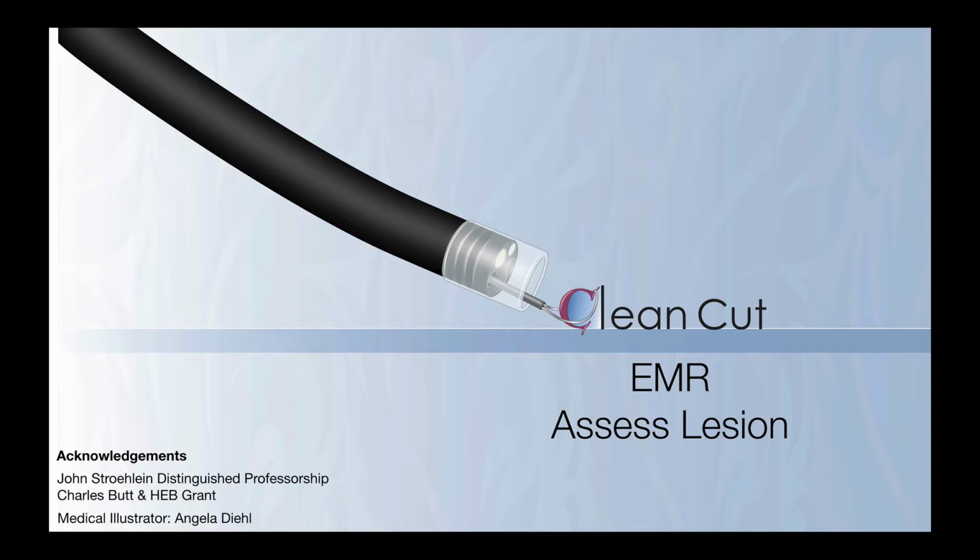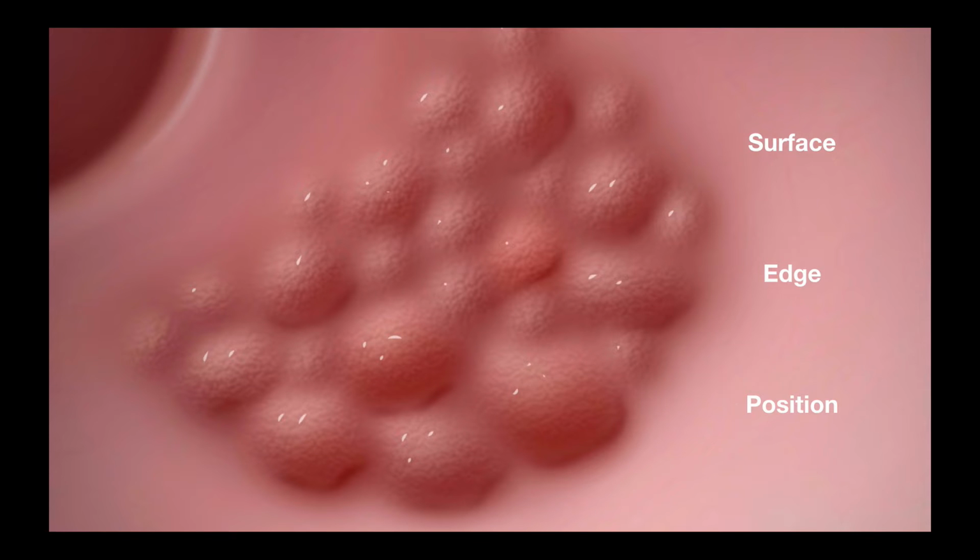Let us talk about how to assess a colon flat lesion before you undertake endoscopic mucosal resection or endoscopic submucosal dissection. Three important features. You look at the surface for features of cancer.